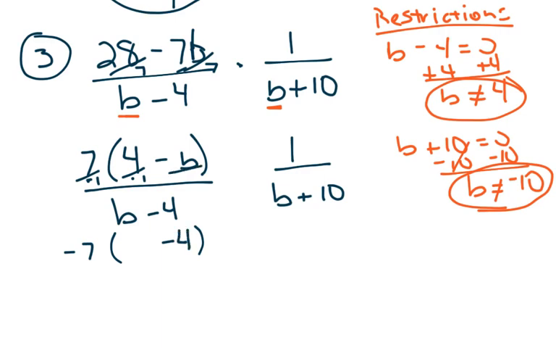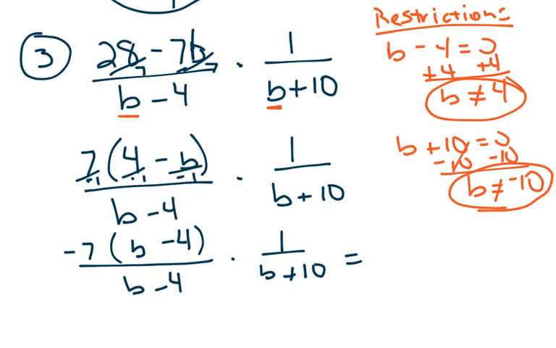If I divide this -b by a -1, a negative and a negative make a positive. If you notice, I just made the top look like the bottom. That's all I was doing there, okay? And times 1 over b plus 10.